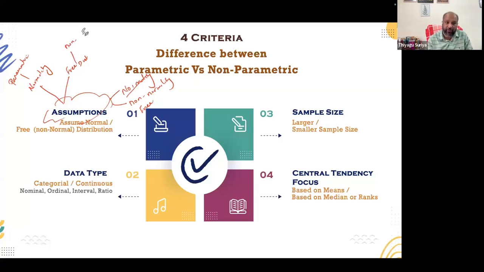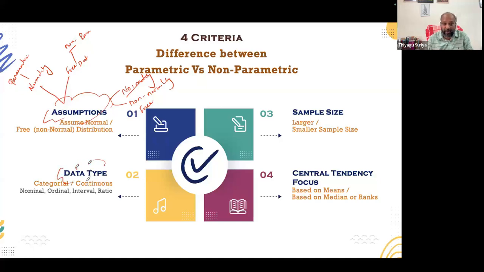So this is the first condition, it decides whether we need to go with parametric or non-parametric. Hope you are getting this. The first criterion you must look at is whether your data set distribution satisfies the normality or not. If it satisfies the normality, go with parametric. If it's not satisfying, go with non-normality, that's called non-parametric.